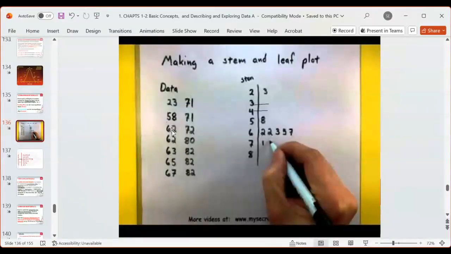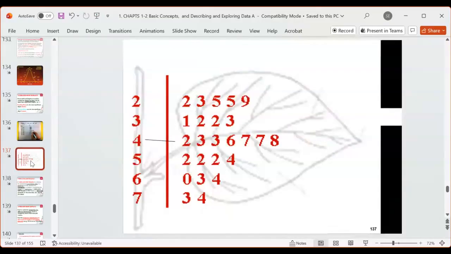But if you got a bunch of 60s, so 6 is your stem, and then again, how many 62s do you have? 2, so you write 2, 2, and then you have 3, so you add the 3 and 5 and 6. This is how you read them, and that's how it looks. You should be able to read these numbers: 22, 23, 25, 25, 29, right?